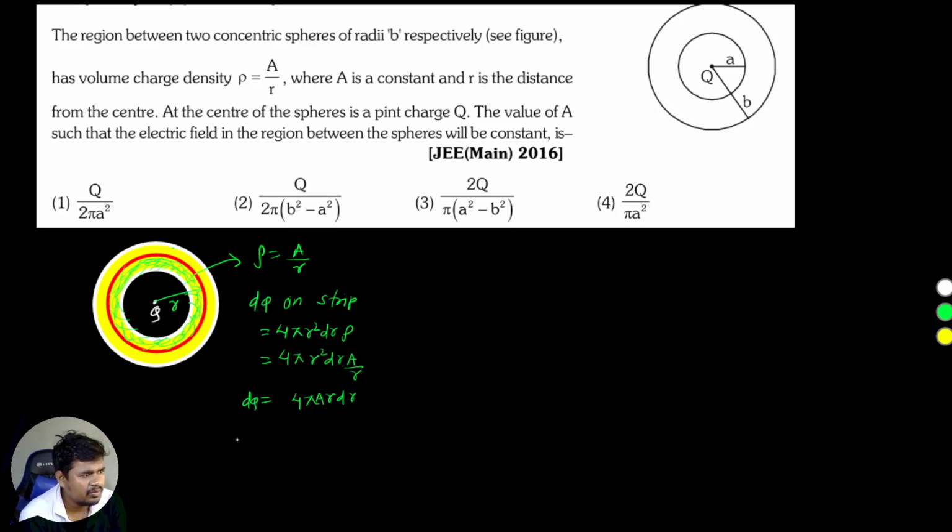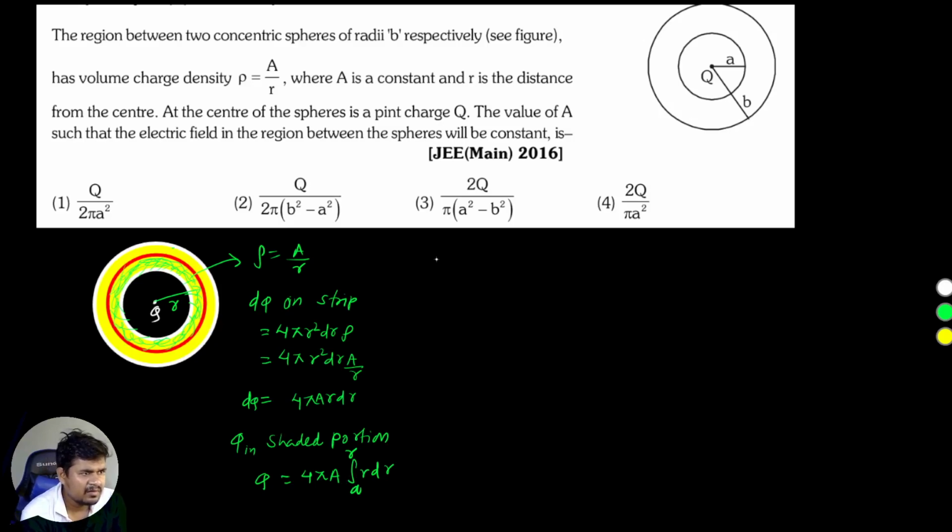So the charge in the shaded portion, q enclosed, is 4 pi a times the integration of r dr, going from a to some general radius r.